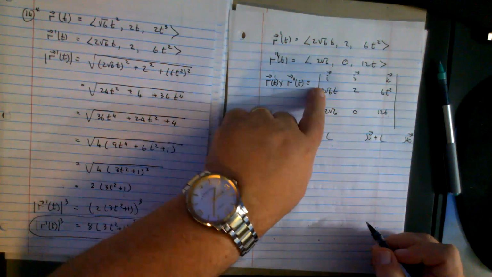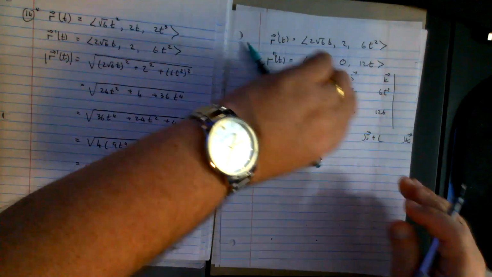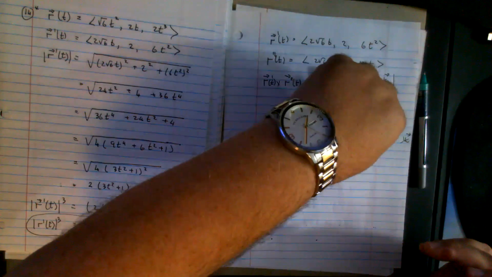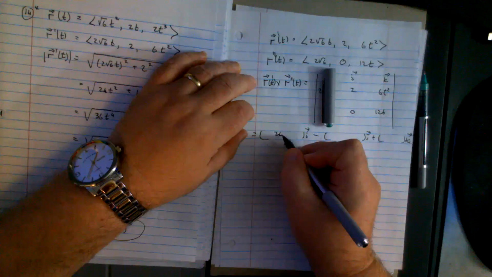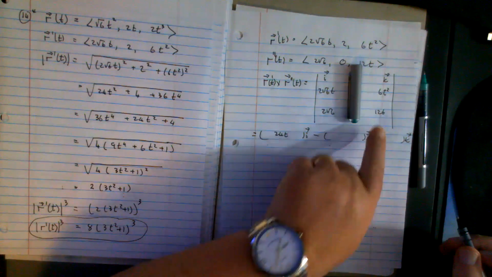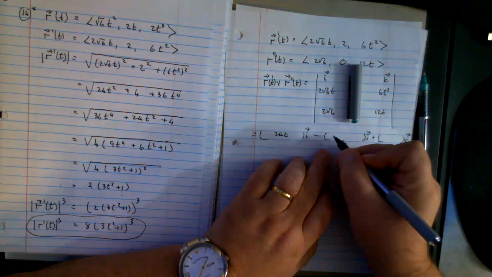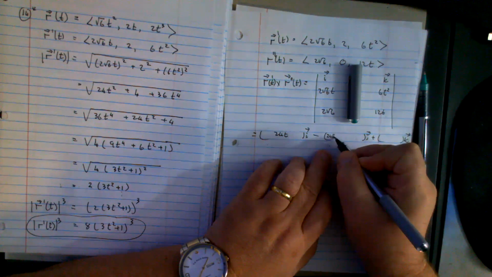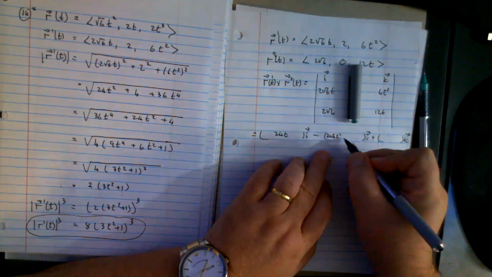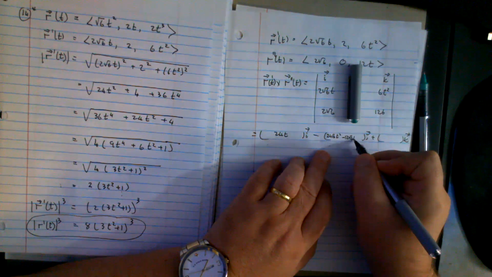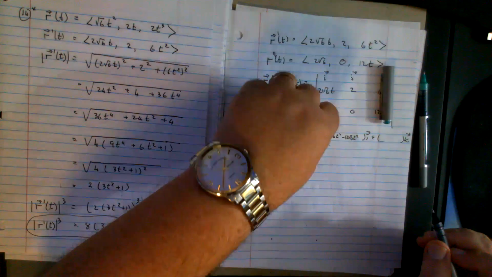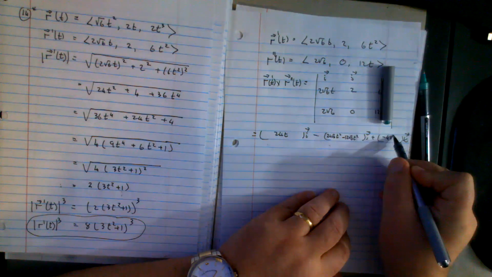Okay, if you cover up this one, what you get is 24t take away nothing. If you cover up the middle one, you get 2 root 6 times 12, which is 24 root 6 t squared, take away 12 root 6 t squared. And if you do the last one, you get 0, take away this number, which is minus 4 root 6.